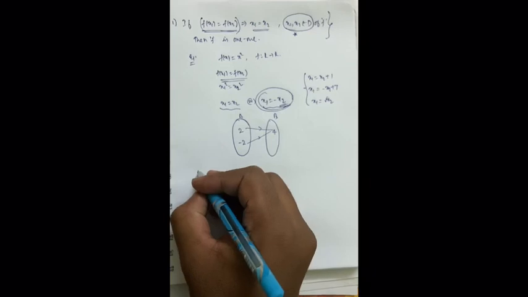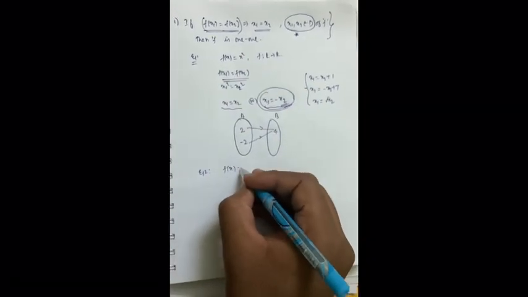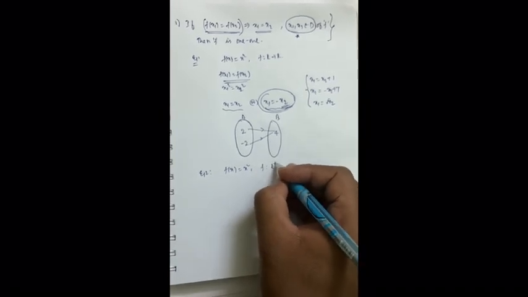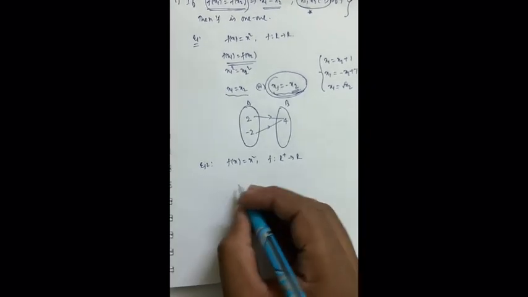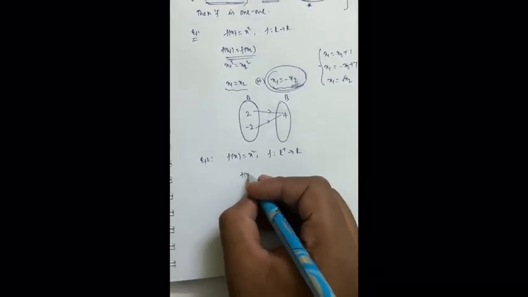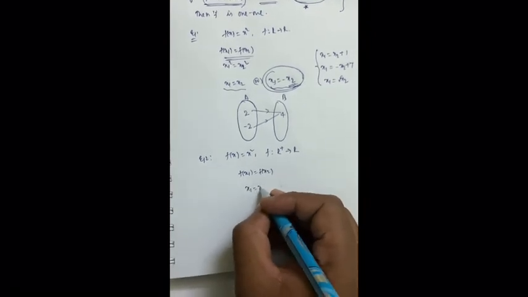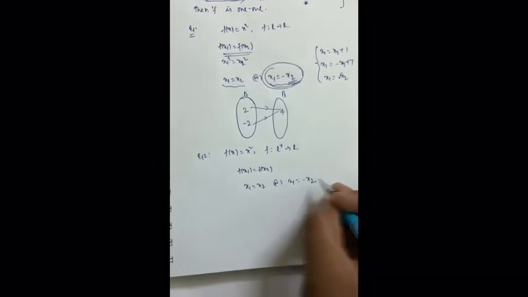Let us see, if I take the same function f(x) = x², but right now this function is going from R+ to R, which means positive real numbers is the domain. If I apply f(x1) = f(x2), again I will get x1 = x2 or x1 = -x2.